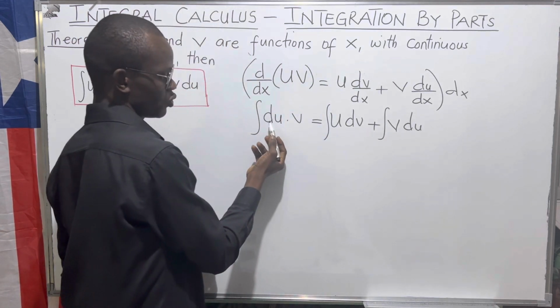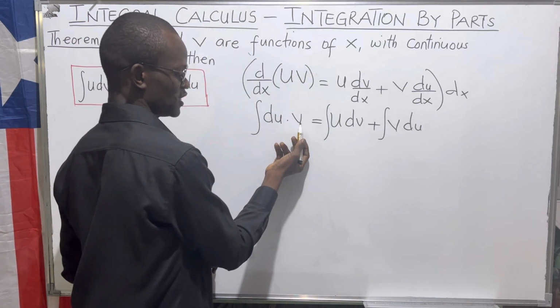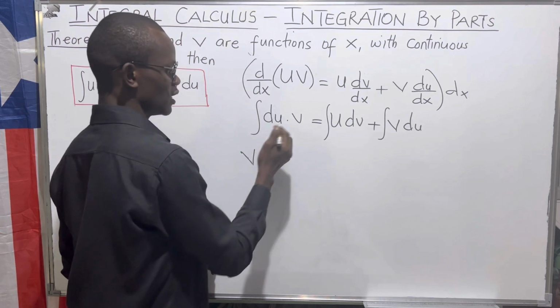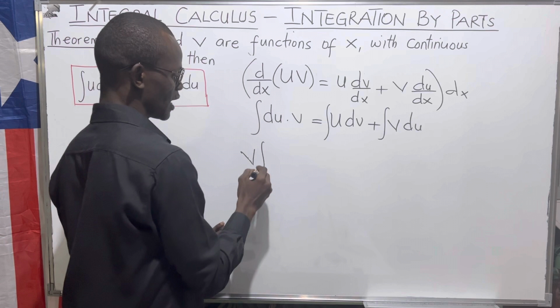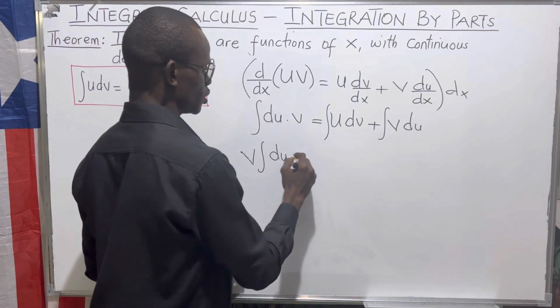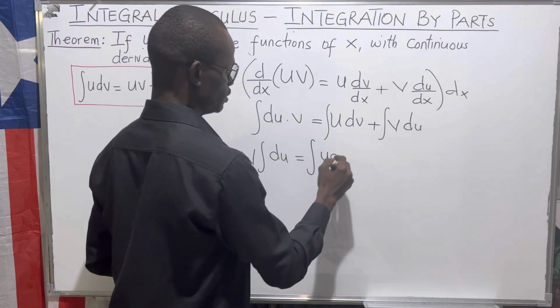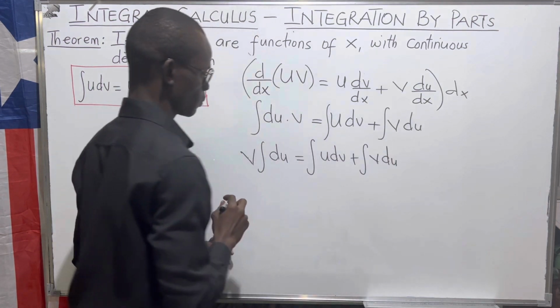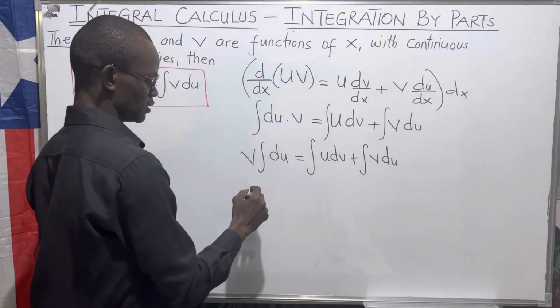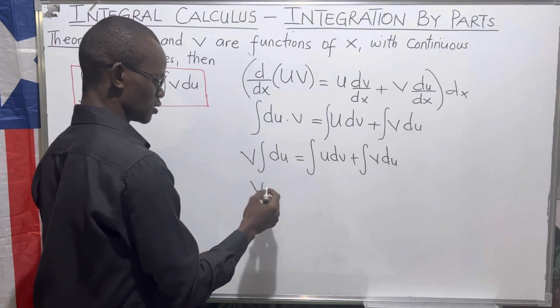Considering that we took du, it means this v is a constant, or if we take dv, it means this u is a constant. So we can factor out the constant, and we'll be left with uv equals the integral of u dv plus the integral of v du.